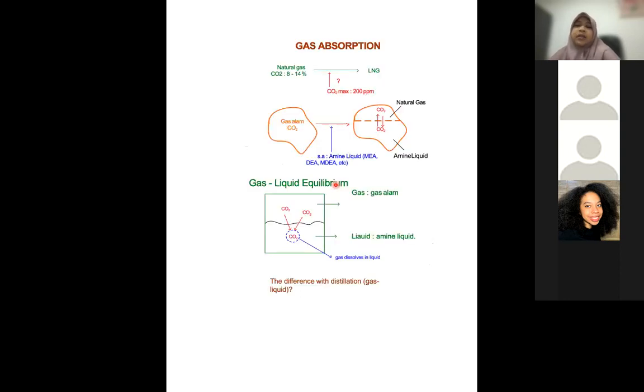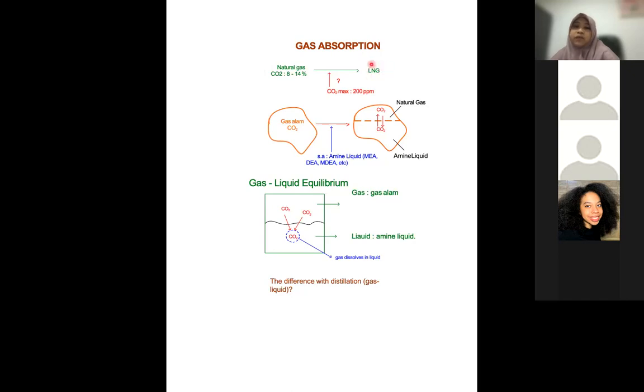Right. Okay, let's have a look at the concept of gas absorption. So for example, we have a natural gas with carbon dioxide of about 8 to 14%. Okay, and then we want to liquefy it.